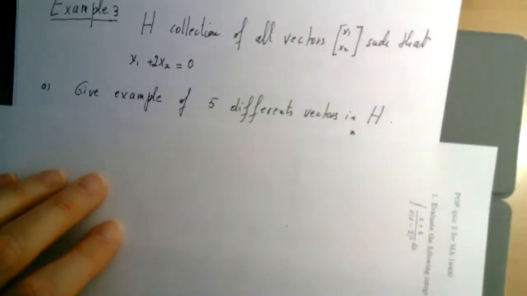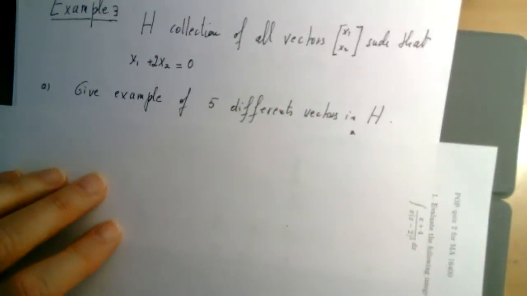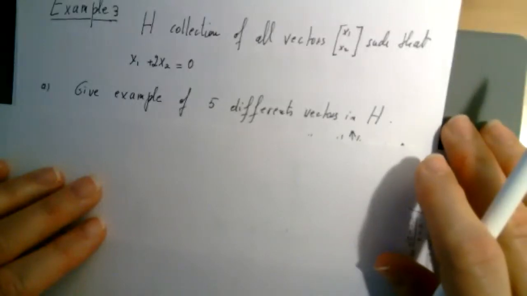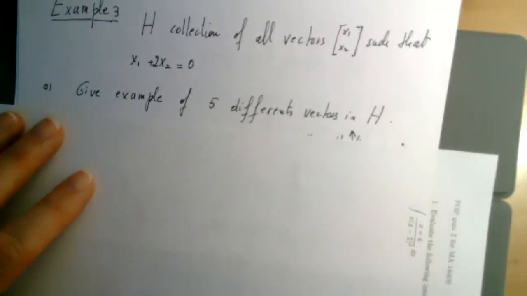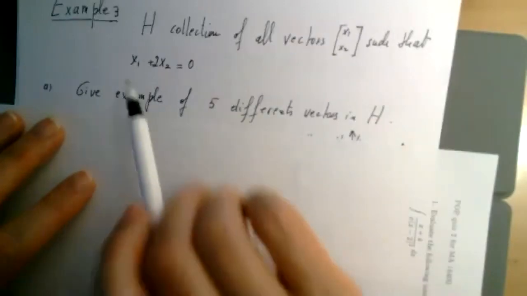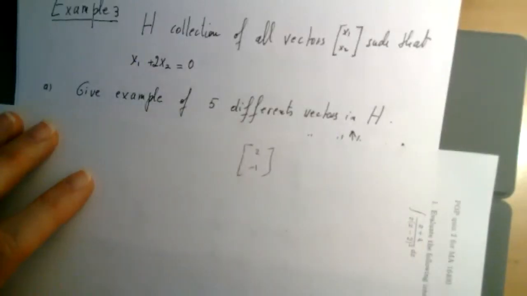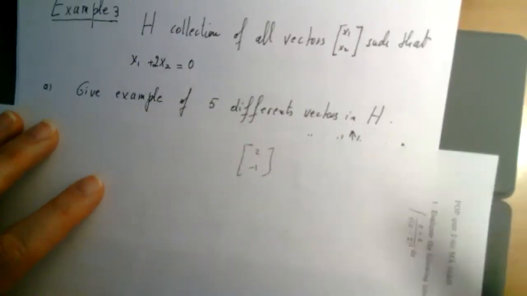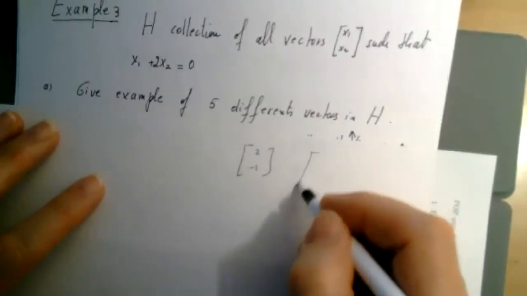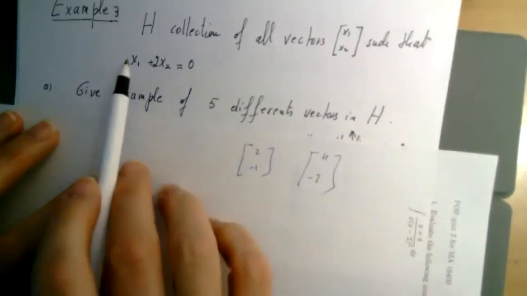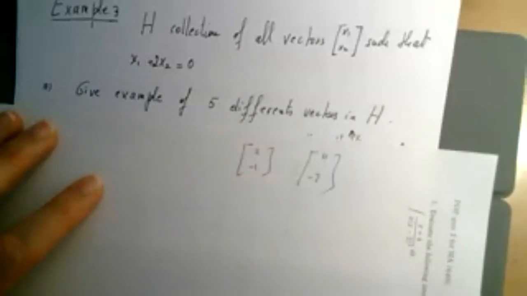Who can give me one vector at least? Please be quick. (2, -1). Is he correct? If I put 2, -1, does it satisfy this condition? 2 minus 2 equals 0. Yes, this is in H. And there are tons of them, of course. (4, -2): 4 minus 4 equals 0.